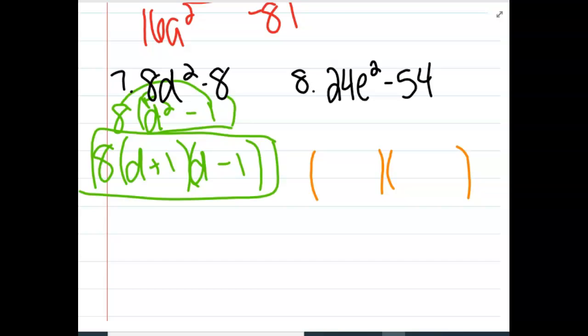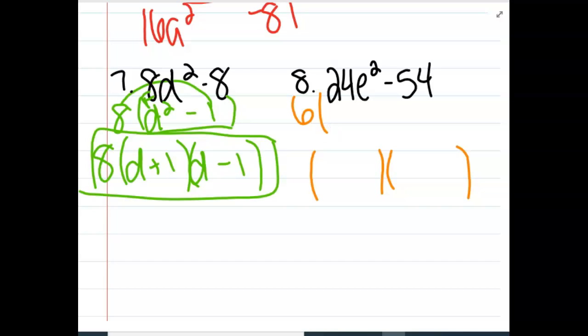So that should kind of give you an indication that there is a greatest common factor here. 24 and 54. You cannot divide 8 out of 54. A little bit smaller than that. It's going to be 6. They have a 6 in common. Remember, you will find the greatest common factor, so the biggest number.